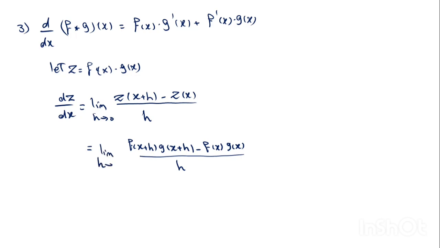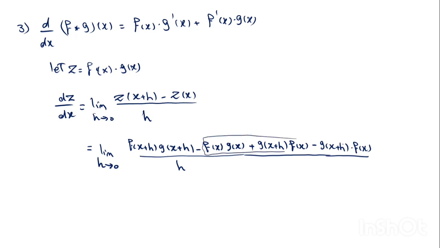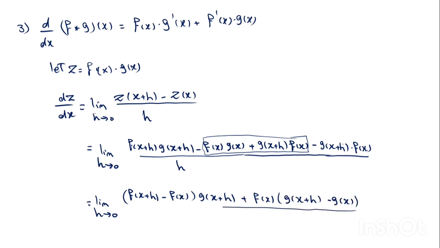as h tends to 0, adding the following term: g of x plus h times f of x minus g of x plus h times f of x, and grouping these two terms with each other, and then by factoring out the g of x plus h from these two terms, and by factoring out the f of x from these two terms, we have the following.